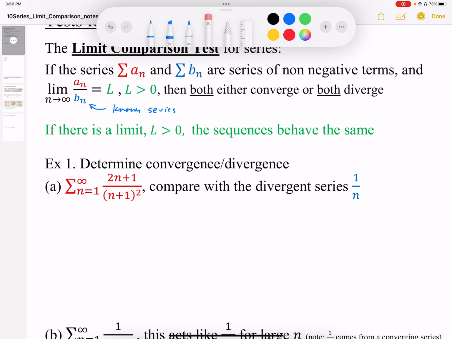The degree of the denominator, n plus 1 squared, has highest power n squared. So it's going to be n divided by n squared, or essentially, for large values of n, it behaves like 1 over n. That's why we're choosing 1 over n as our comparison.